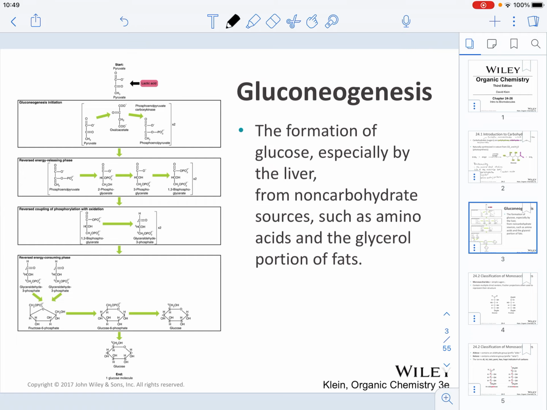We do it from non-carbohydrate sources, such as amino acids and the glycerol portion of fats, which are things that we are going to be talking about later in the chapter. You do not have to memorize all these processes of how these compounds result in the formation of glucose. I just want to illustrate the complexity of how, as humans, we actually undergo many reactions to synthesize glucose.